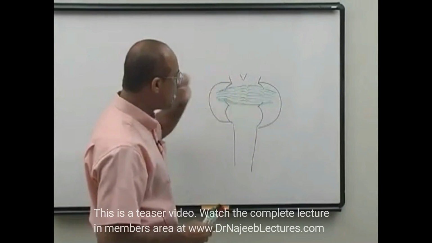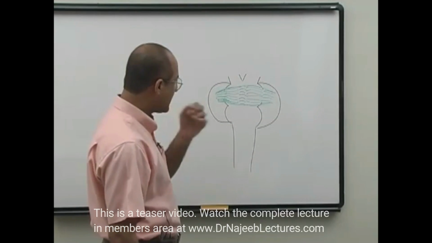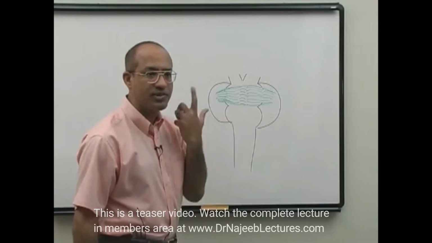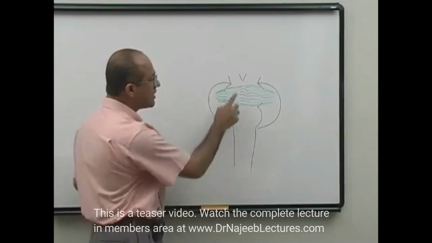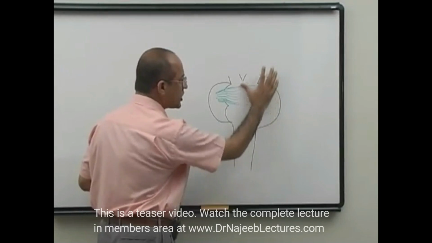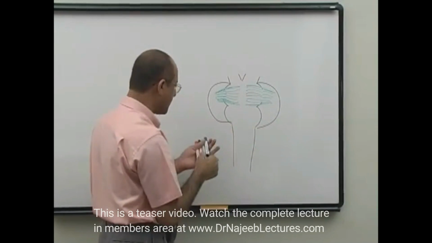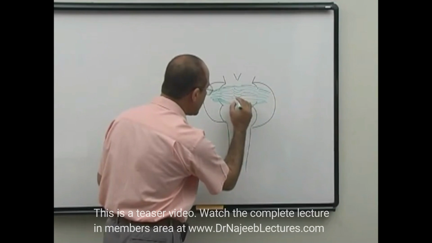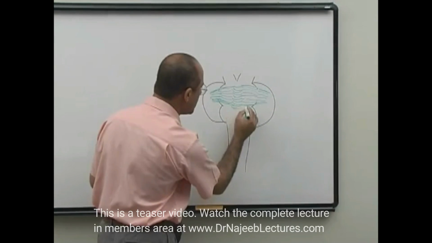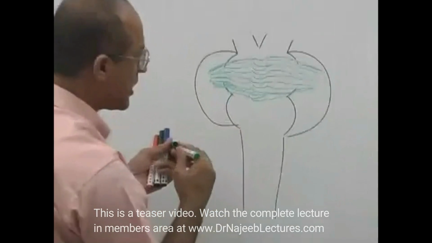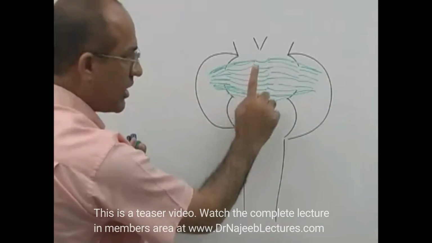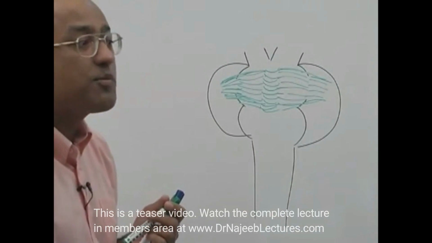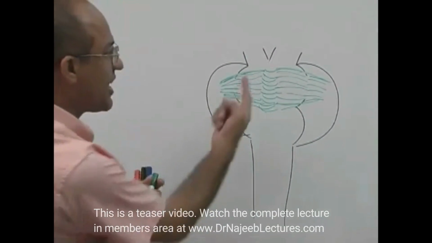If you look at the external structures of pons from the front, what are the important features? Number one, in the middle, pons has a shallow longitudinal depression. Why is this depression there? Who will tell me? Anyone? There is a very important artery lying here.